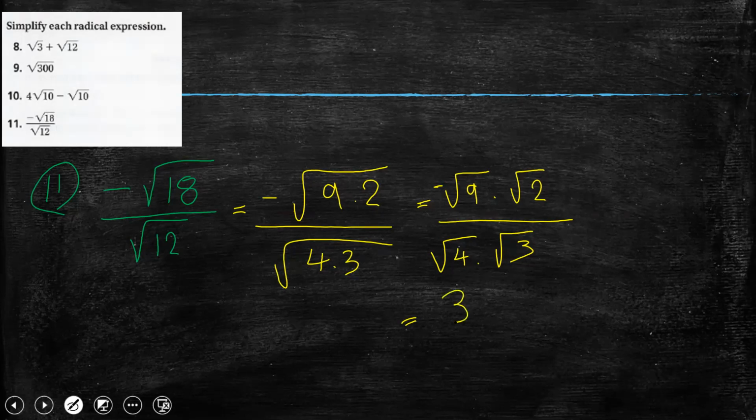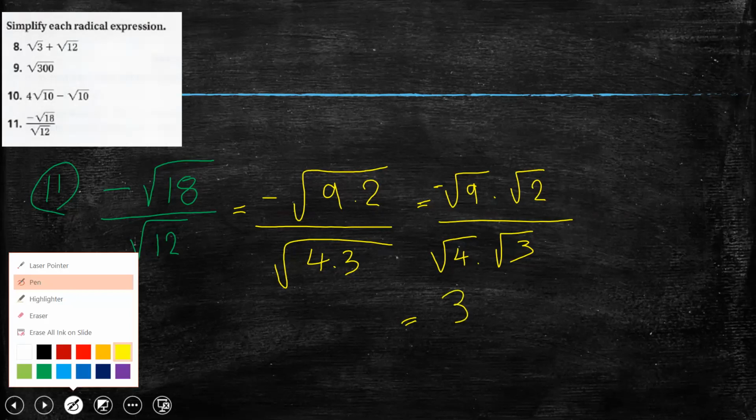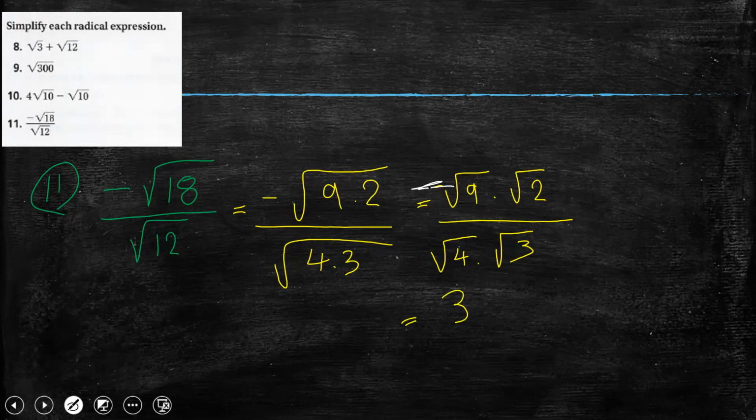Don't forget the negative sign. So negative 3 square root of 2 over, what is the square root of 4? 2 square root of 3. So the final answer here is negative 3 square root of 2 over 2 square root of 3.